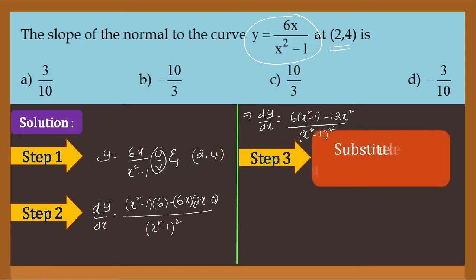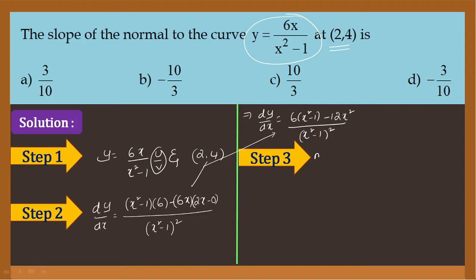Now, substituting the given point in this, we get m is equal to dy by dx at the point (2, 4) is equal to, here x is 2, y is 4, 6 into x square, that is 2 square 4, minus 1, minus 12 into x square, that is 2 square 4, divided by x square, that is 2 square 4, minus 1 whole square.